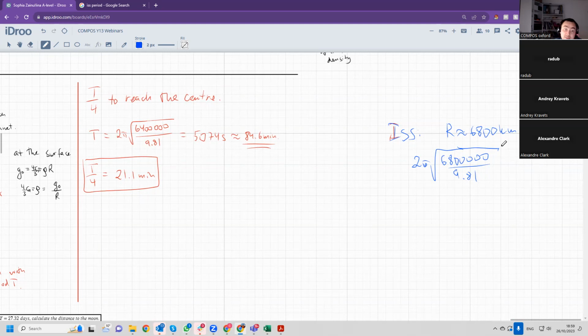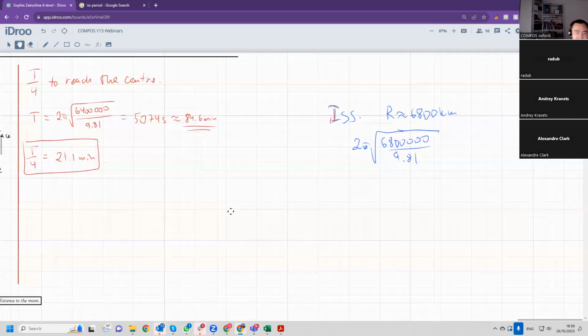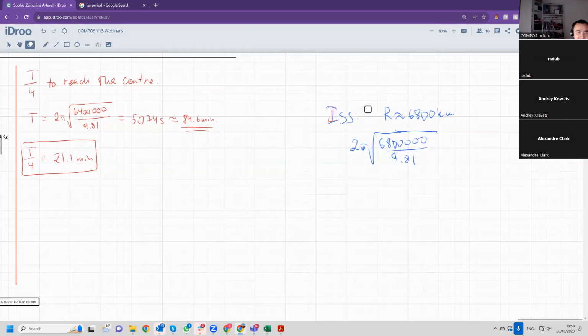That gives 87 minutes. Well, closer. Perhaps the radius of the Earth wasn't taken accurately, but anyways, it's roughly that.